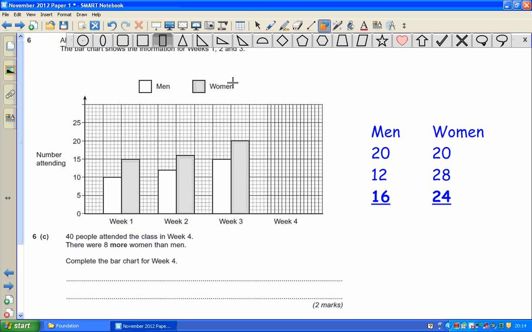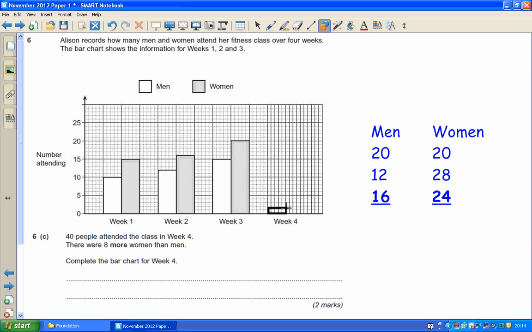So completing the bar chart, it's going to start here, make sure it's the same width, that's a bit more difficult for me to do. It goes up to 16, so that's going to go to there, and then the women is going to go up to 24, which is there.